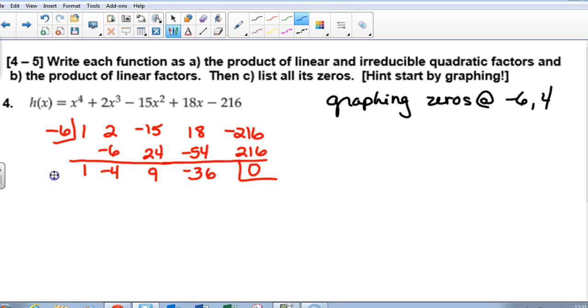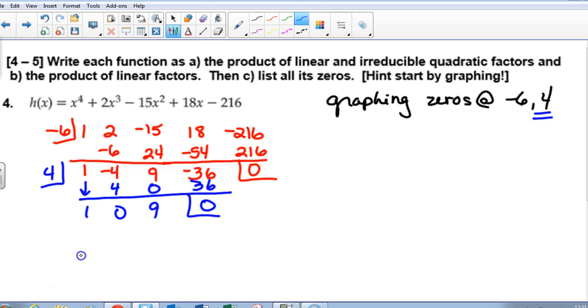Yeah. All right, guys. What do we do next? We have to do 4, but be careful. Do we go back to the original polynomial? We use this depressed polynomial here, this poor little sad, anxious polynomial, because we want to get down to a squared if we can. So bring down 1. Oh my goodness, that was a lot easier.